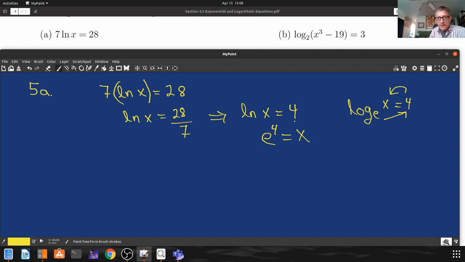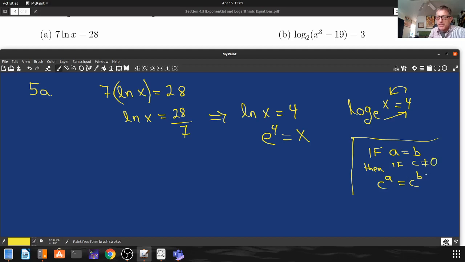If you have ln of x is equal to 4, here's another property you can use. If a is equal to b, then for any real number c, c to the a is equal to c to the b. And I guess here we should say if c is not equal to 0.